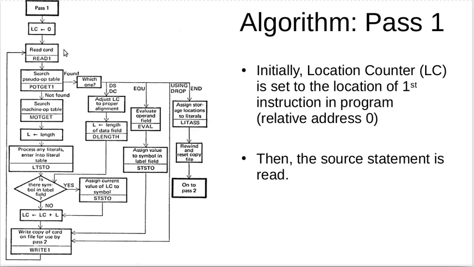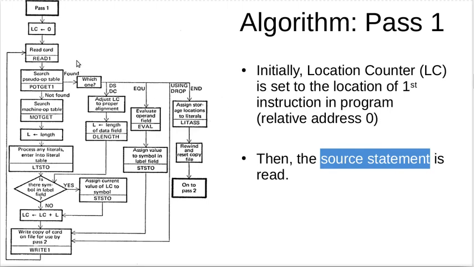In these books, there are two terms used: the term deck represents a program, and the term card represents a specific instruction from that program. So read card means read a source statement from the program. Which source statement are we reading first? We are reading the source statement which is stored at location counter 0, which is pointed to by the location counter.